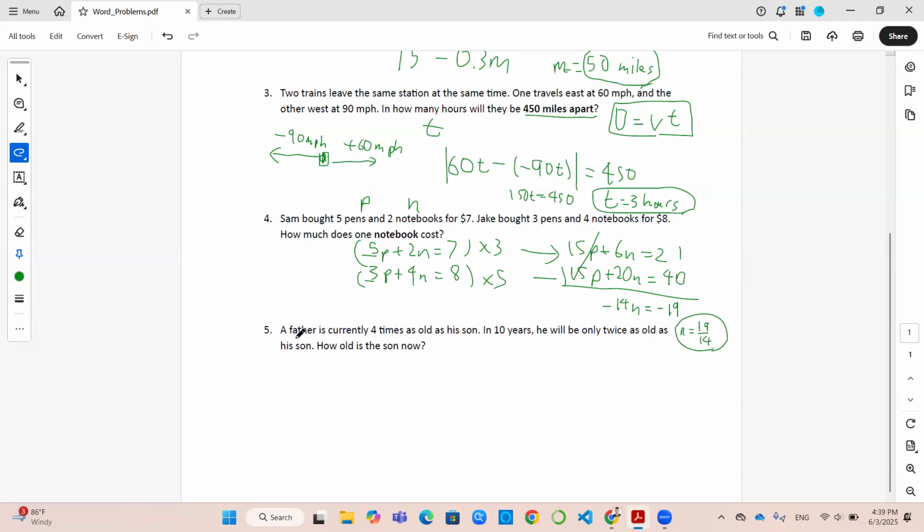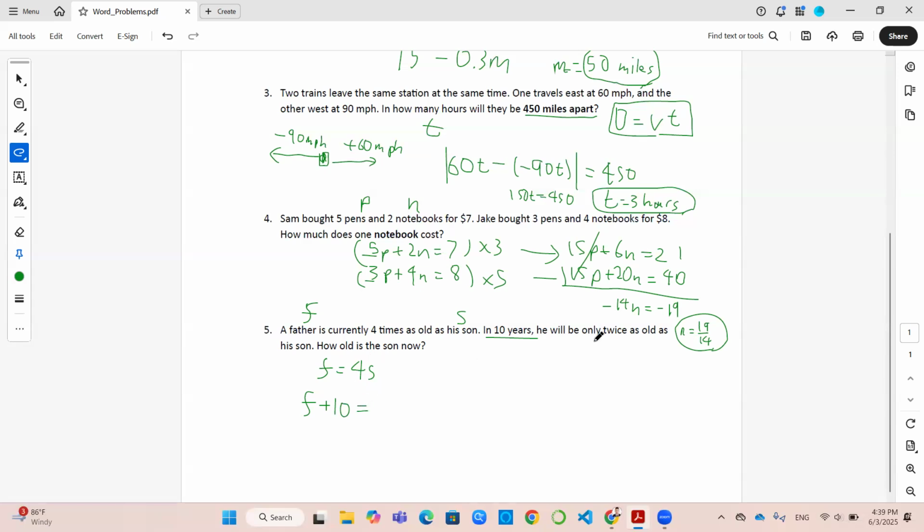Okay. A father is currently 4 times as old as his son. In 10 years, he will be only twice as old as his son. How old is his son now? So I'm gonna put F as the father's current age and S as the son's current age. Currently, the father is 4 times as old as his son, so we can determine this relation, right? In 10 years, you need to add the 10 because obviously in 10 years, the father's age is going to change.